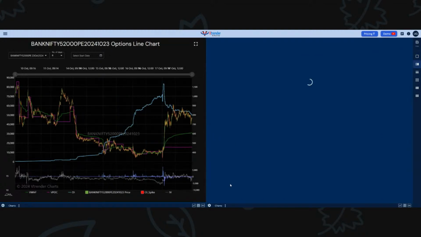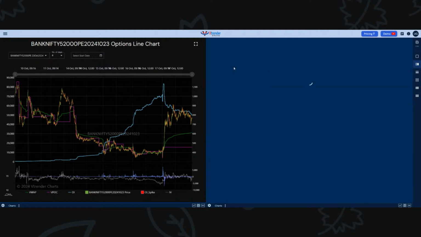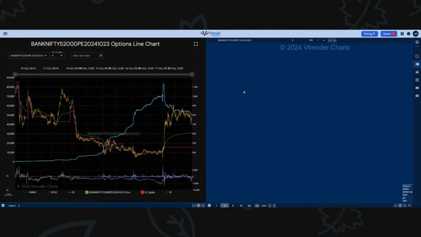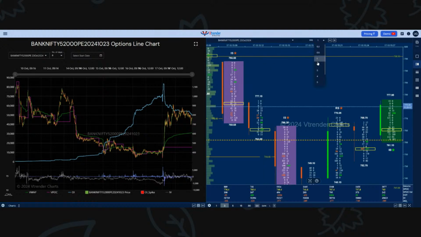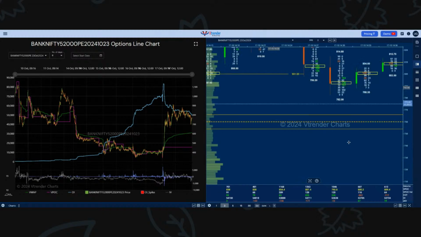I'll just put the order flow chart of this option, so I'll just increase this PPR to 2 and see what trades we got in this particular option.